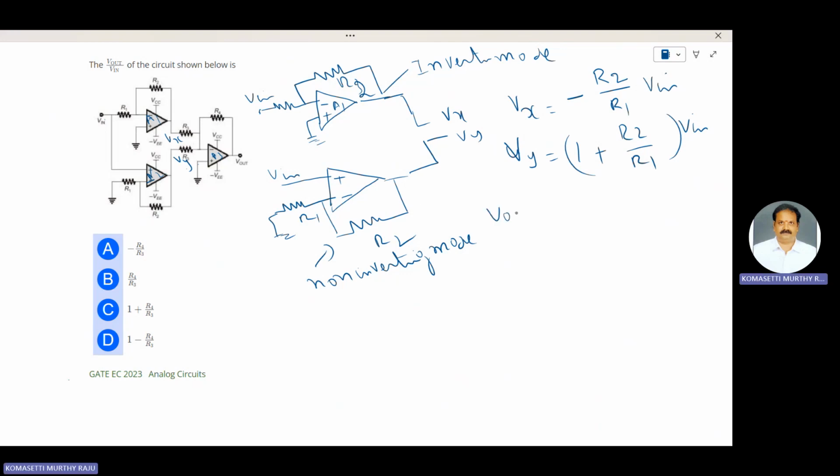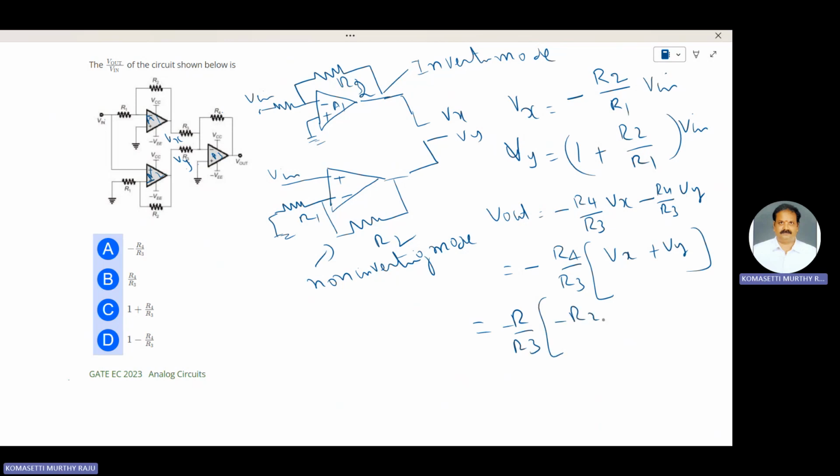We know that for the inverting summer circuit, Vout is equal to minus R4 by R3 into Vx minus R4 by R3 into Vy. That is equal to minus R4 by R3 times (Vx plus Vy).